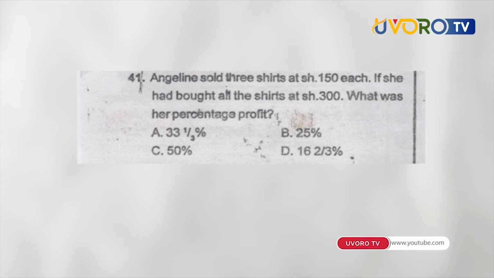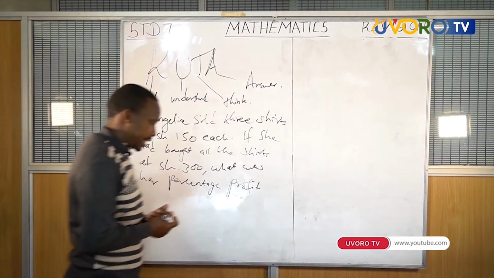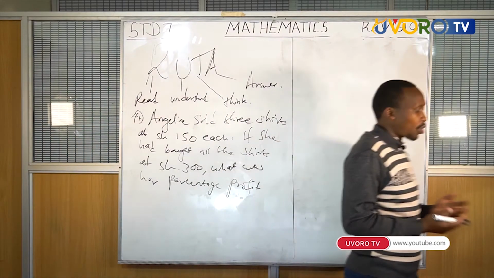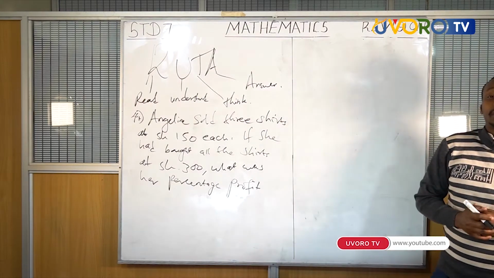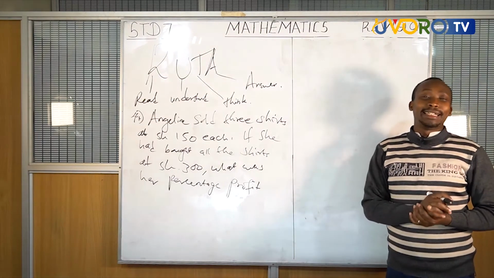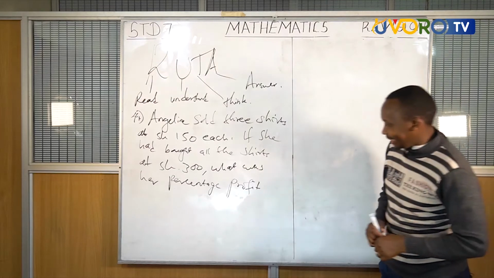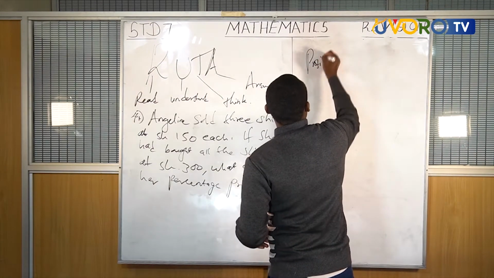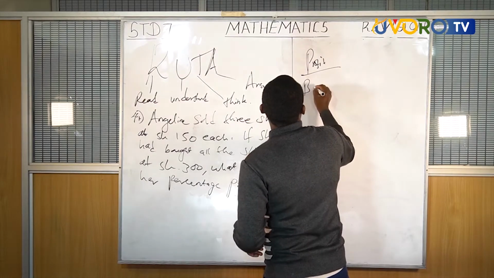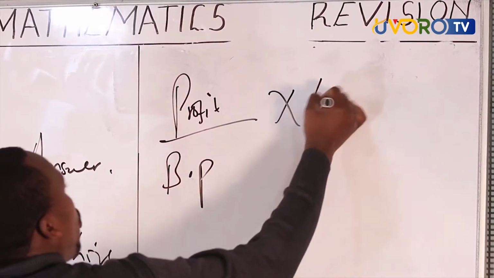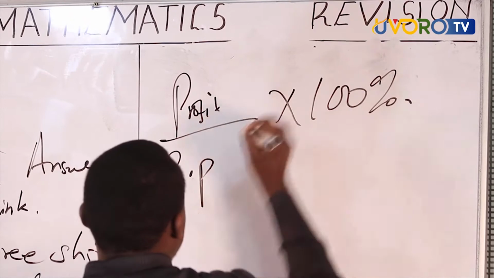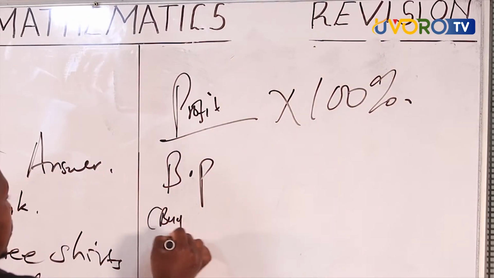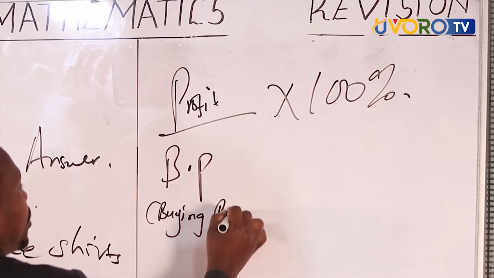U for understanding. How do we find the percentage profit? Very good. That is profit over the buying price times 100 percent.